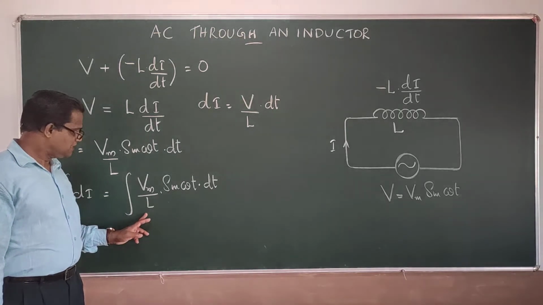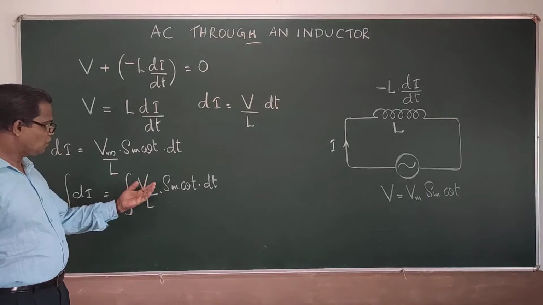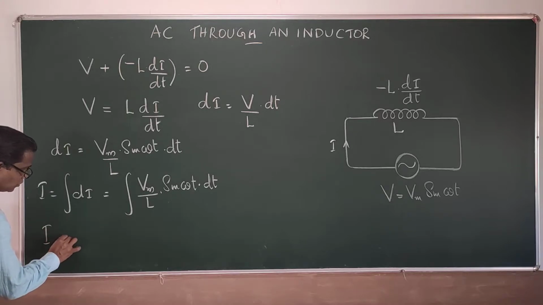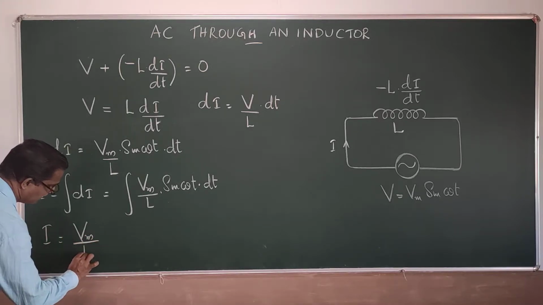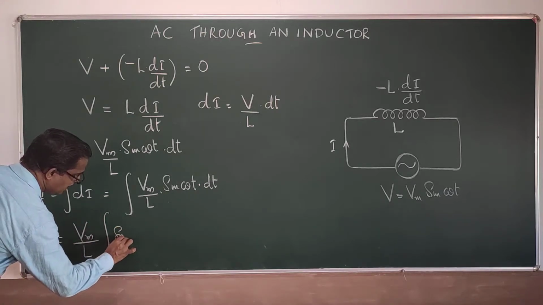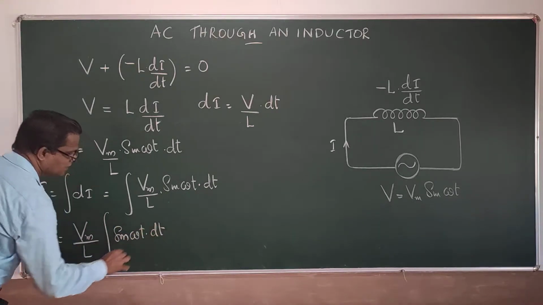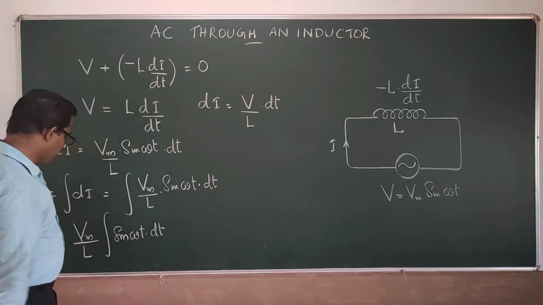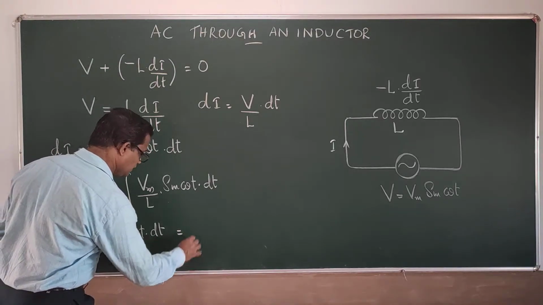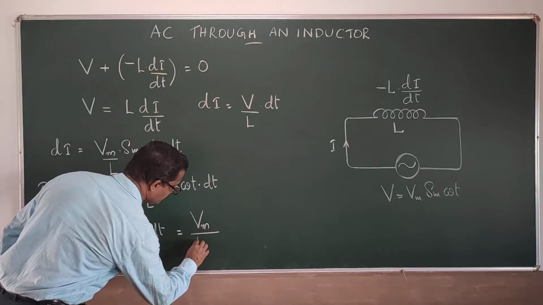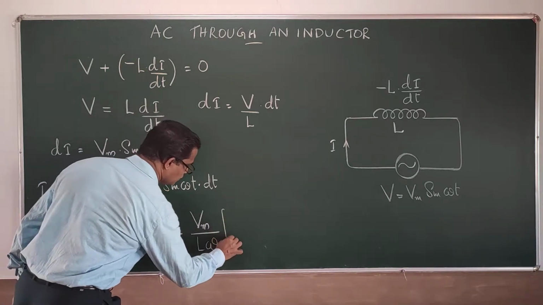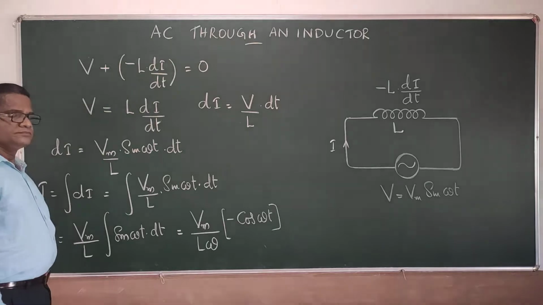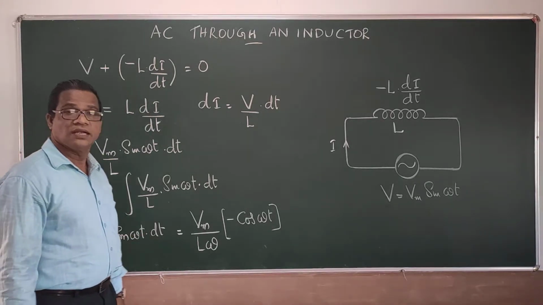Vm by L is a constant, so you can take it outside. I equals Vm by L into integral sin omega t dt. Doing this calculation, I get Vm by L omega into minus cos omega t. So this is the result for current I.